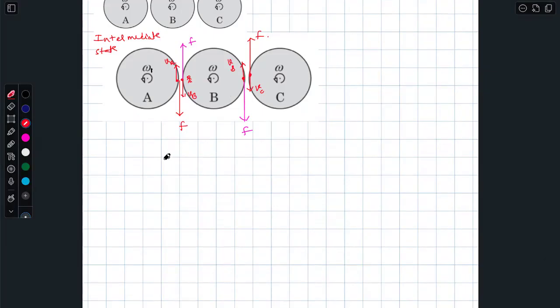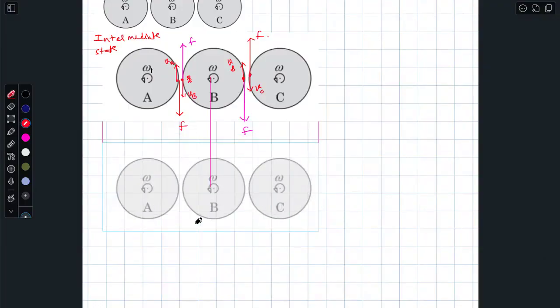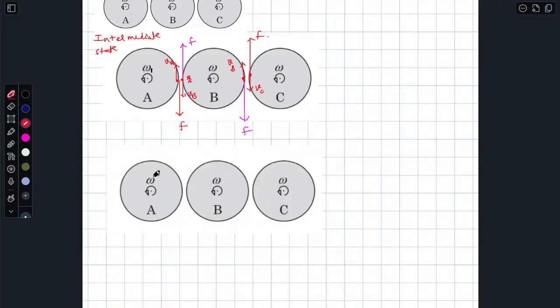In the steady state, you will have omega 1, omega 2, omega 3. I'm just assuming that that's the criteria. And friction becomes zero everywhere.